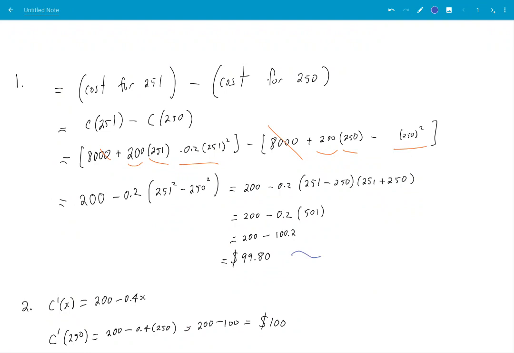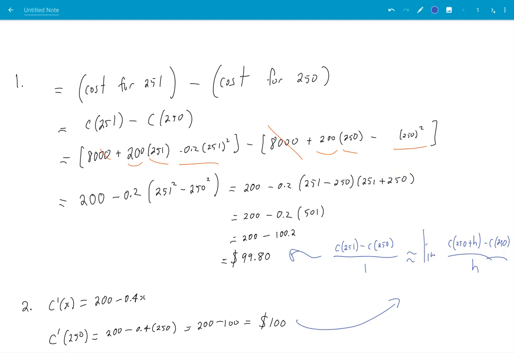Well, here we have C of 251 minus C of 250, all divided by 1. And here we have, well, what do you have? You have your old derivative formula, right? C of x plus, not x, 250 plus h minus C of 250, all divided by h.